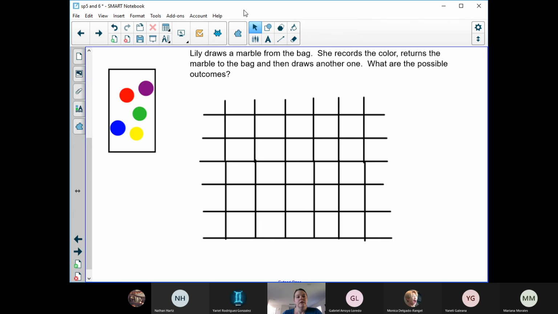The first time she draws a marble out of this bag, what are all the possible colors she could draw if she takes out one marble?